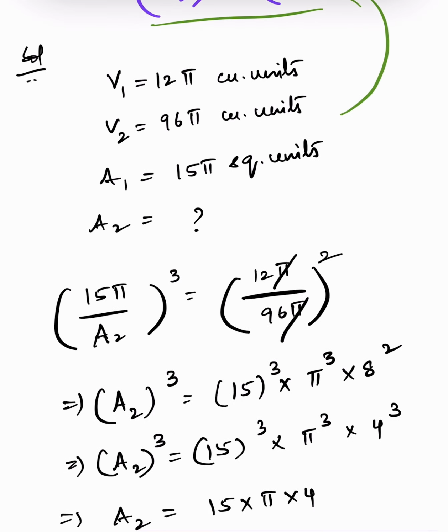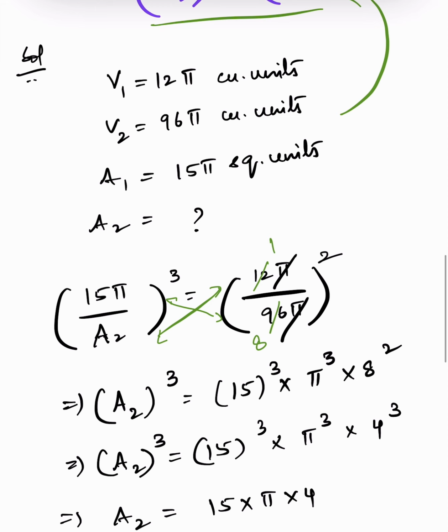15 pi by A2 whole cube equals 12 pi by 96 pi whole square, pi cancelled. A2 whole cube equals, by cross multiplication, 15 cube into pi cube into 8 square, because 12 ones are 12, 12 eights are 96, so 8 square.